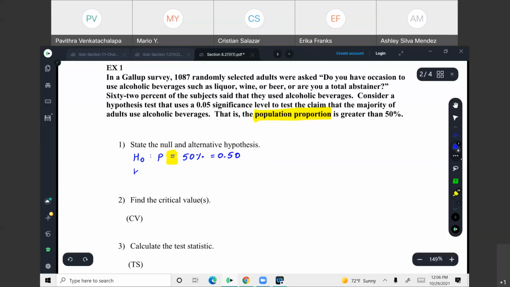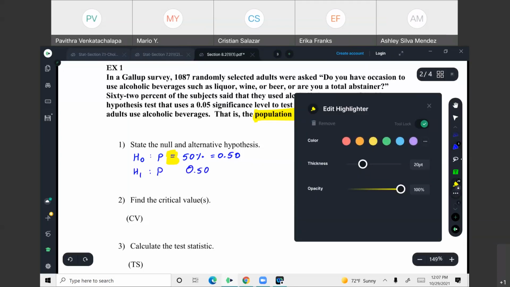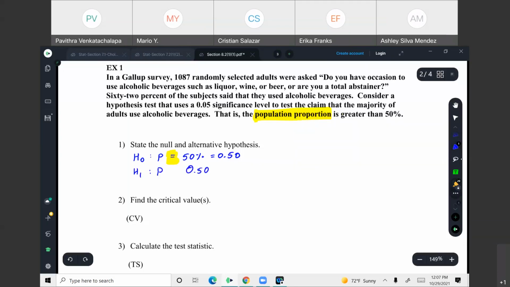Okay. Now, next is the alternative hypothesis. Here, you will be saying P compared with 50%, or say 0.5. Now, what should be the symbol? Greater than. Greater than, why? Because it's mentioned in the problem. The claim is the population proportion is greater than 50%.